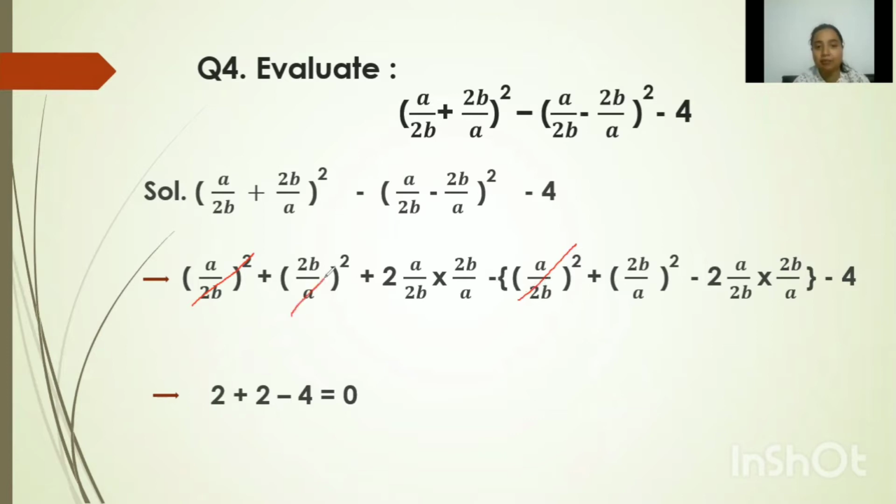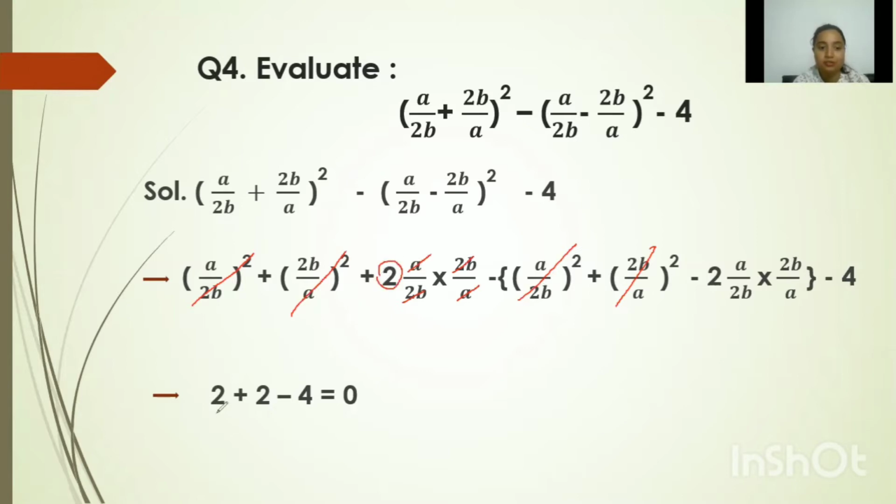Similarly, this number is going to be cut with this number, and you will expand this bracket. What about here? 2b will be cut by 2b, a will be cut by a. So what is left here? Cut means they are one, but this cut means they are gone, they are subtracted, right? So here we got only this 2 left.